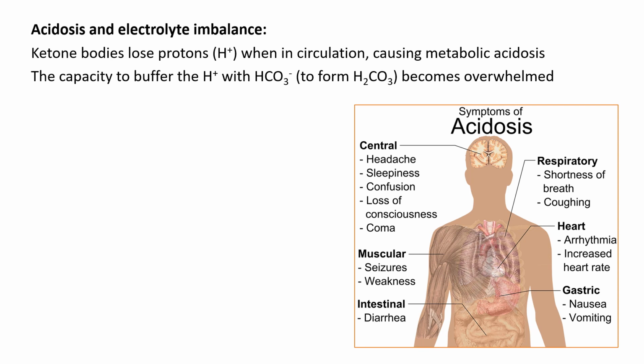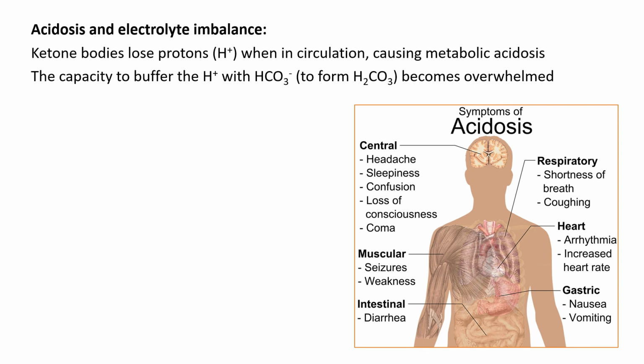And if you remember, carbonic acid, this is the reverse of our conversion of CO2 to bicarbonate and protons. So this is the reverse, so we're going back to carbon dioxide. Carbonic acid will then dissociate and give us carbon dioxide, which we can get rid of.